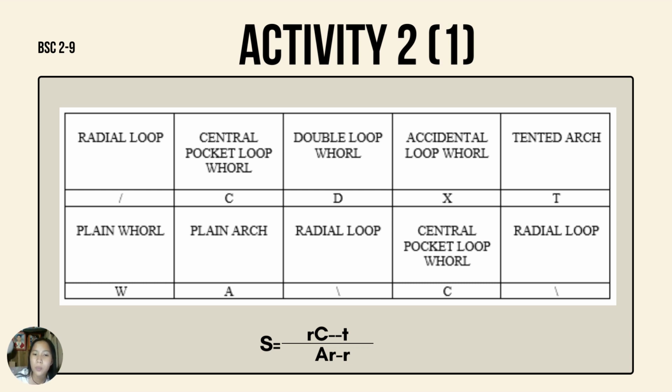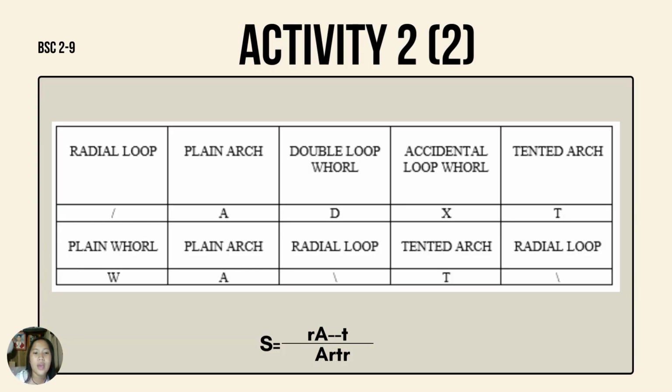Central pocket loop whorl is not included, so it should be a dash. And radial loop, again, is included. So the answer is S equals small r, capital C, dash, dash, small t, over capital A, small r, dash, and small r.